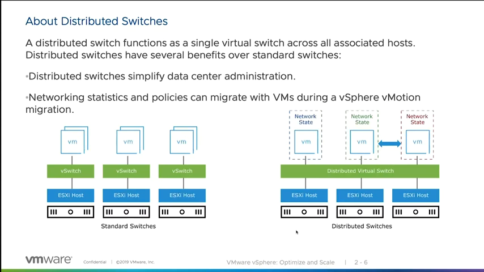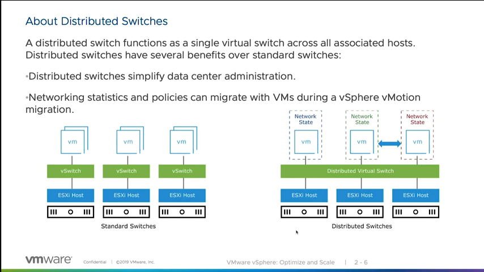So, distributed switches. If you're familiar with a standard virtual switch, something that if you attended the vSphere Install, Configure, and Manage course that we would take before coming to this class, that class covers how to create and manage standard virtual switches. The architectural design is quite different with a standard switch as opposed to a distributed switch.